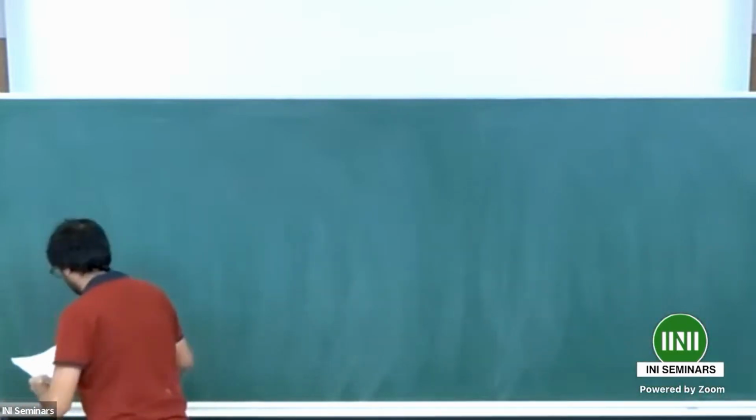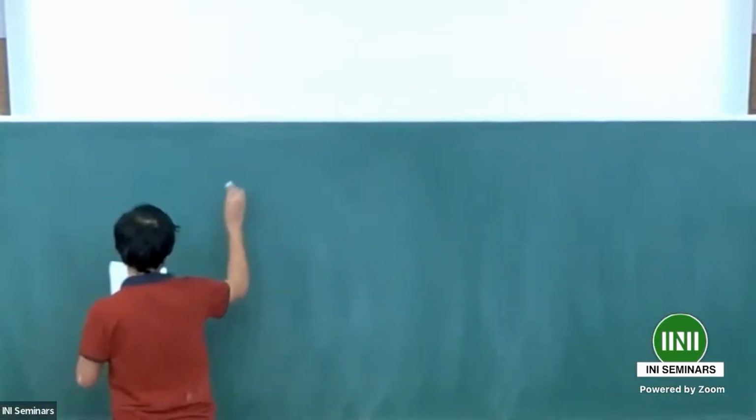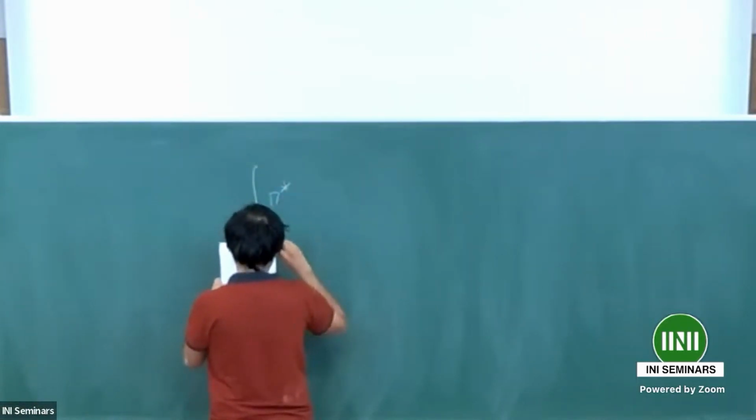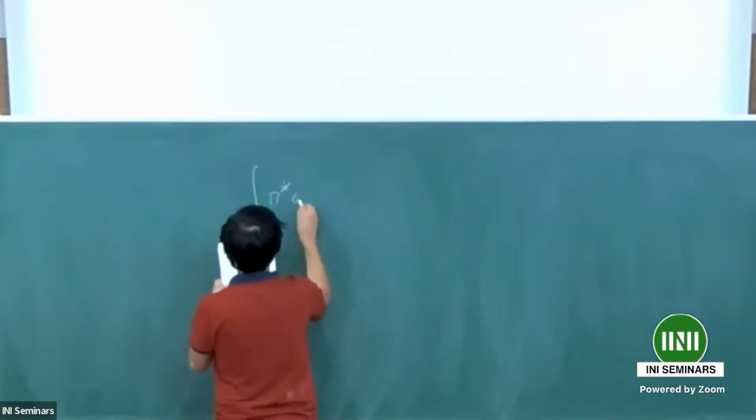So how does one calculate this intersection number? What is this intersection number after all? You take pi star omega.